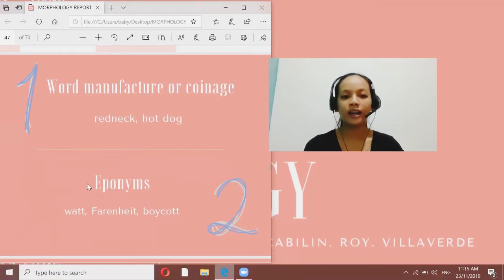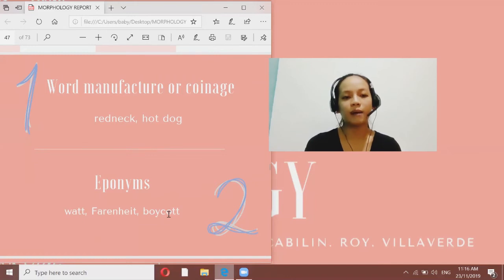The second one is eponyms. When we talk about eponyms, these are words that are taken from or named after the person who discovered it, just like Fahrenheit and boycott. So you see, actually, these are surnames of the people who invented it.